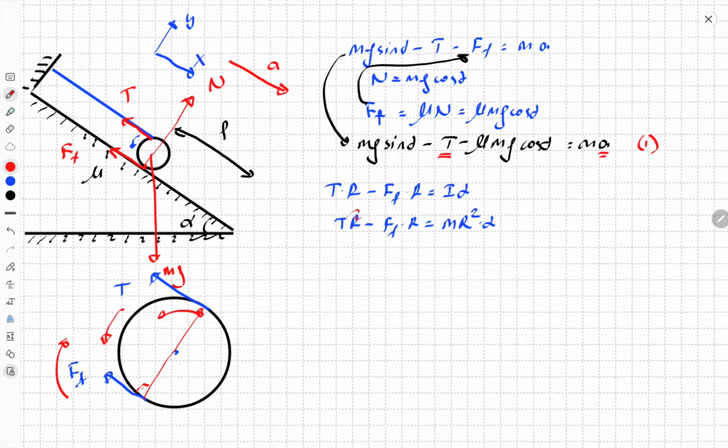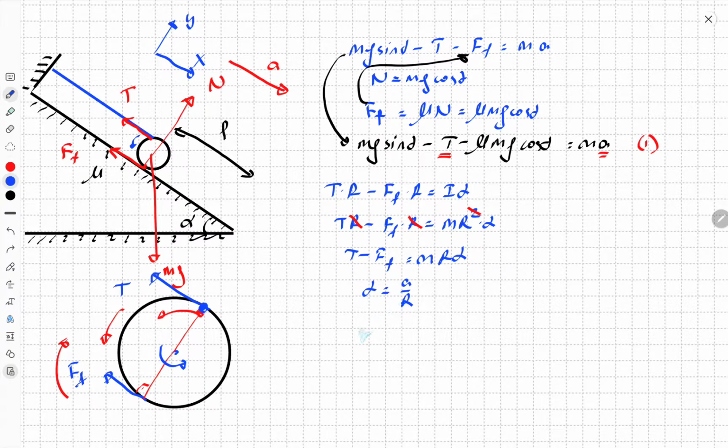So we can cancel one of the radiuses. So T minus friction force equal to mr alpha. And this angular acceleration equals a over R because there is no sliding at this point. Basically this part is rotating with constant acceleration.